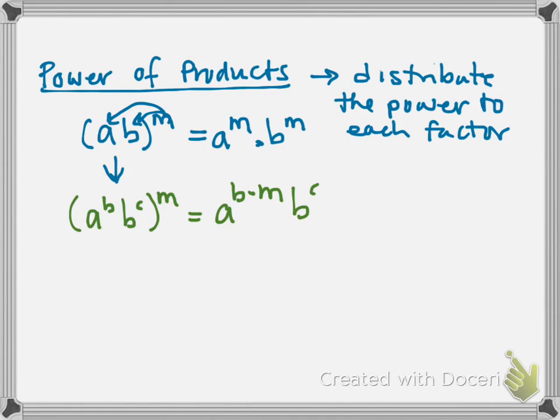On the b, you're going to take the two exponents and multiply them together. And the reason why last time on Monday, whatever that outside exponent was attached to our numbers is because our numbers didn't have any other exponents other than 1. And 1 times anything is going to get you what you started with. So I want to make sure you understand that. Now we're going to do a whole bunch of examples over on the odd side.